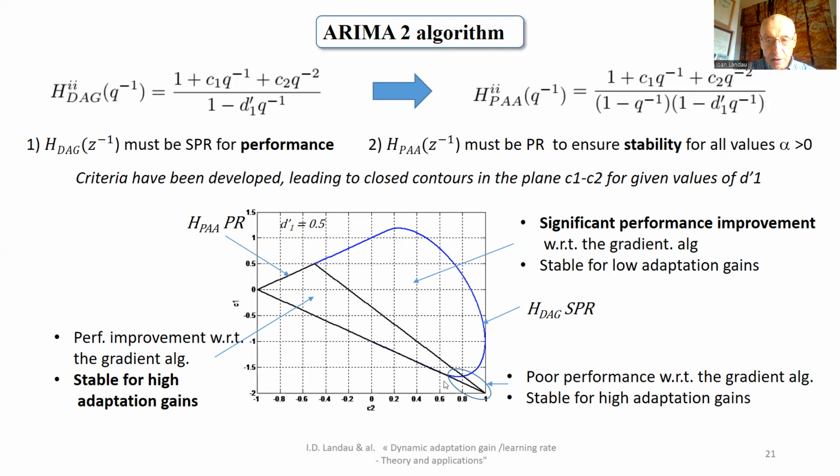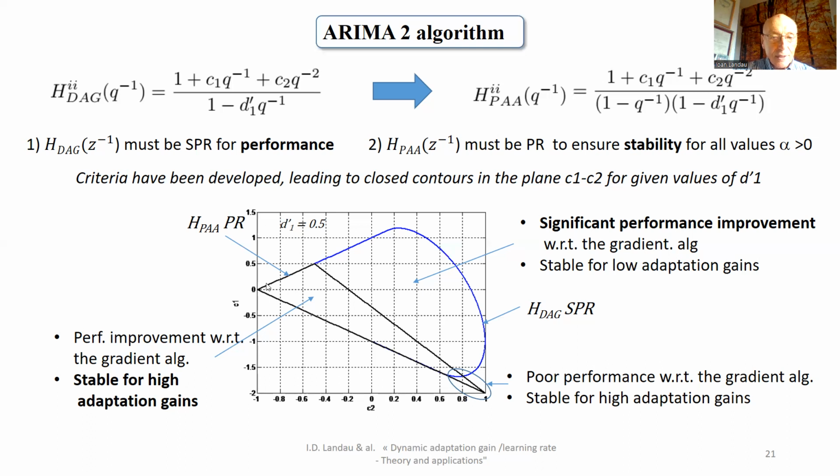We have a region here where the positive real condition for the embedded filter is not satisfied, while the gain filter is strictly positive real. If we are in this region, we'll get a significant performance improvement with respect to the gradient algorithm, but stability will be guaranteed only for low adaptation gain.